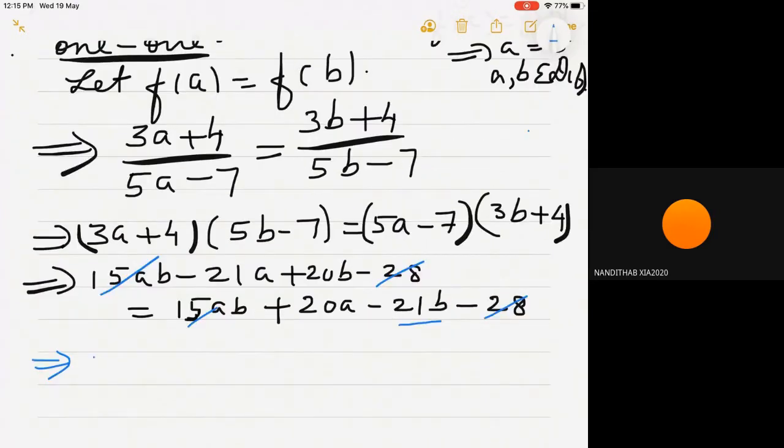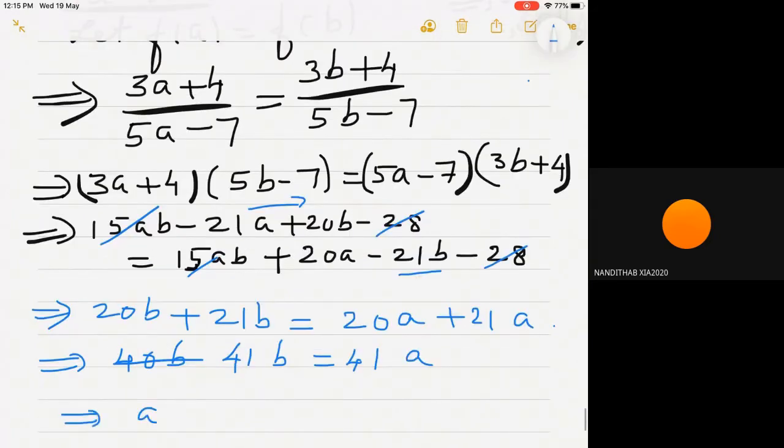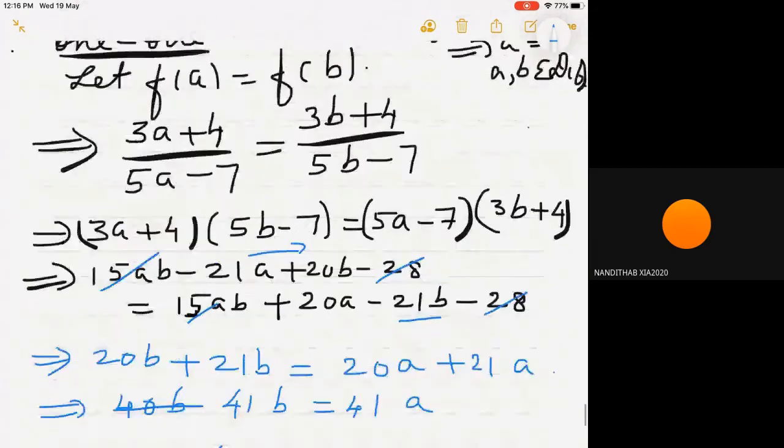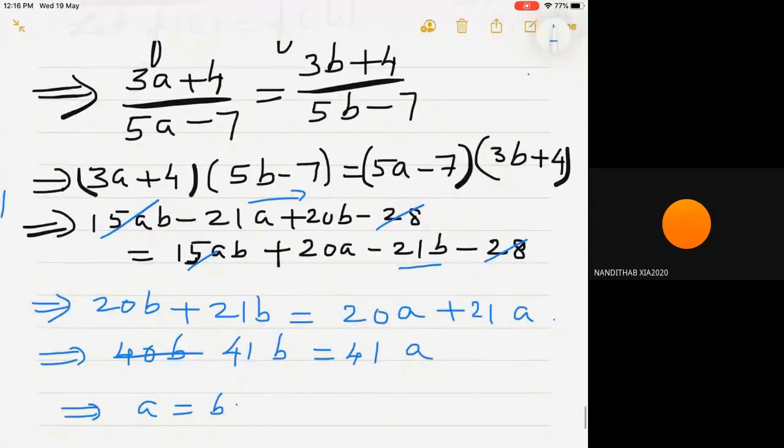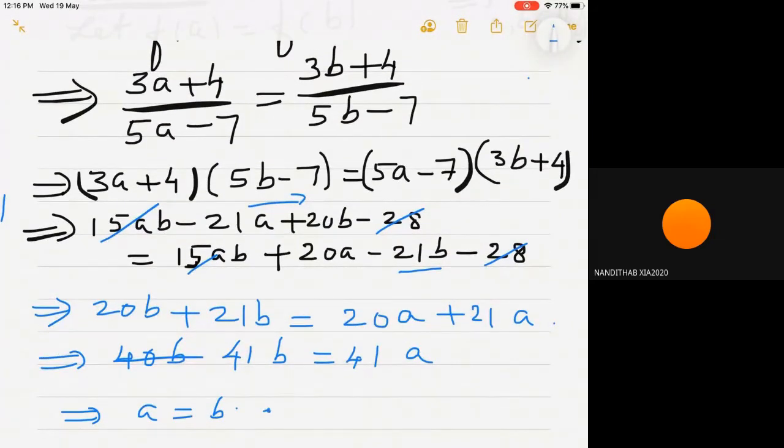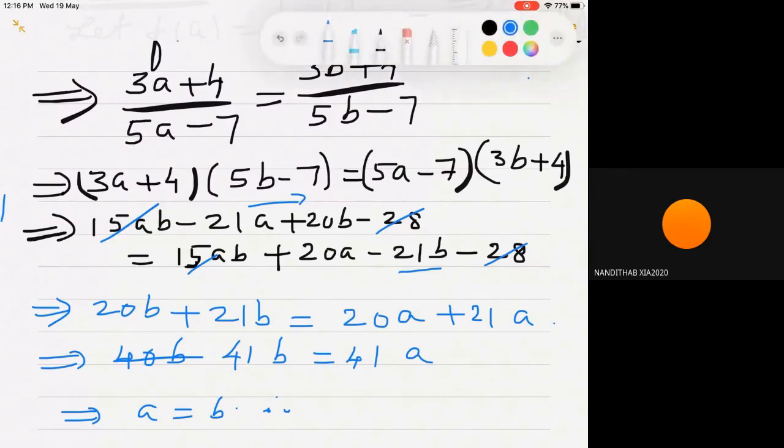Simplifying, we get 20b plus 21b equal to 20a plus 21a, so a equal to b. So you have started with f of a equal to f of b and you have shown that a equal to b. Therefore we can write that f is 1-1.